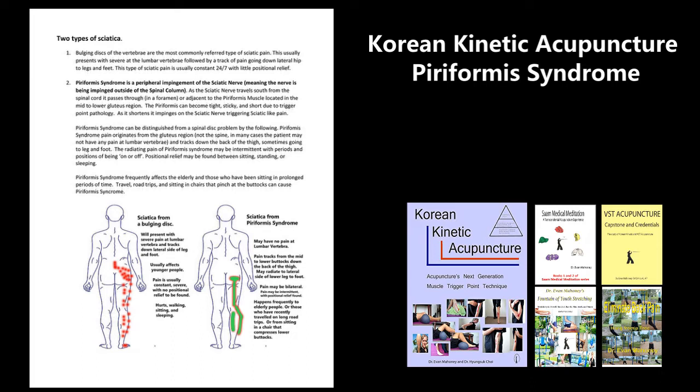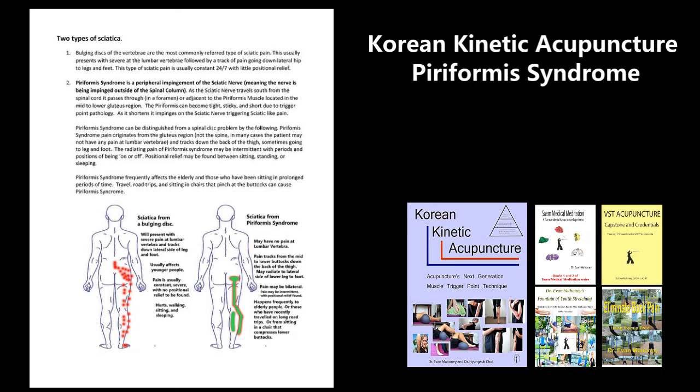Piriformis syndrome is a peripheral nerve impingement of the sciatic nerve, meaning the nerve is being impinged outside of the spinal column. As the sciatic nerve travels south from the spinal cord, it travels through a foramen or in the muscle or just adjacent to the piriformis muscle, located in the mid to lower gluteus region.